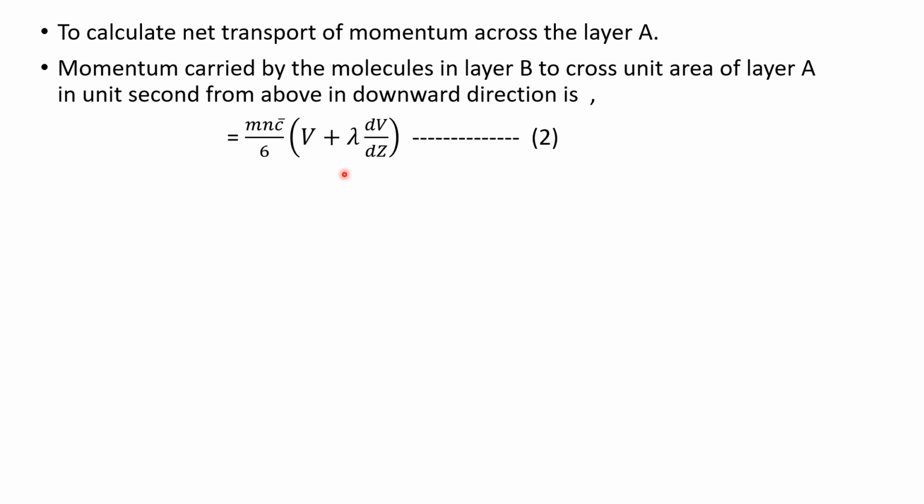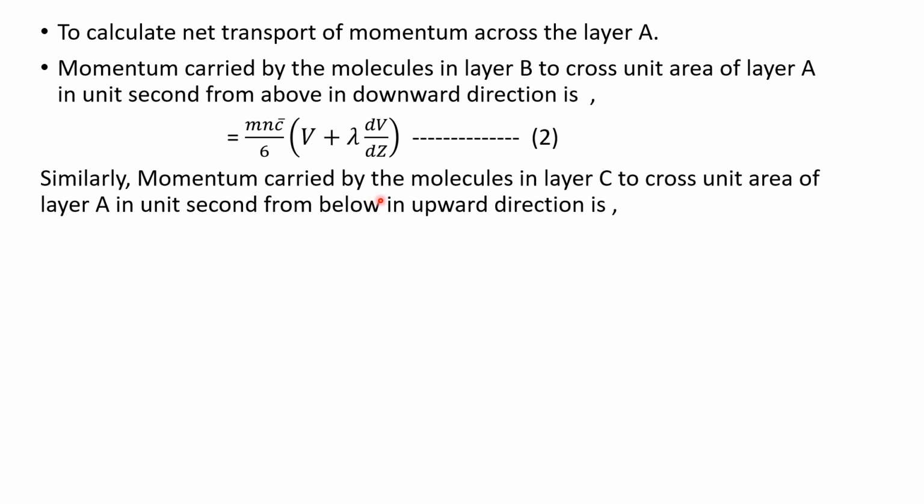In the same manner, we calculate the momentum carried by the molecules in the layer C. Layer C is below the layer A. Therefore, the molecules in the layer C will cross the unit area of the layer A in unit time from below in the upward direction. Now we note the velocity of the molecule in the layer C, and the number of molecules moving with average velocity c bar, multiplied by mass.